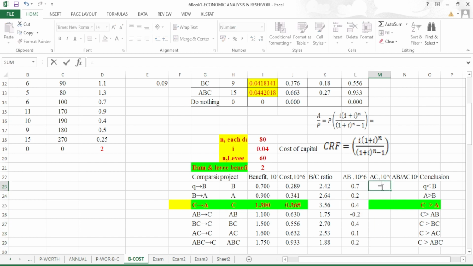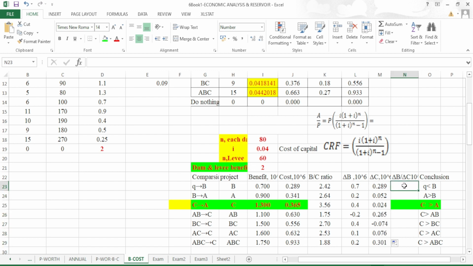Then you drag down for the remaining projects. Then you can estimate the change of cost. This is cost. First you take this one. Then you estimate the change of cost by subtracting this value from this value. Then simply you can drag down this value.